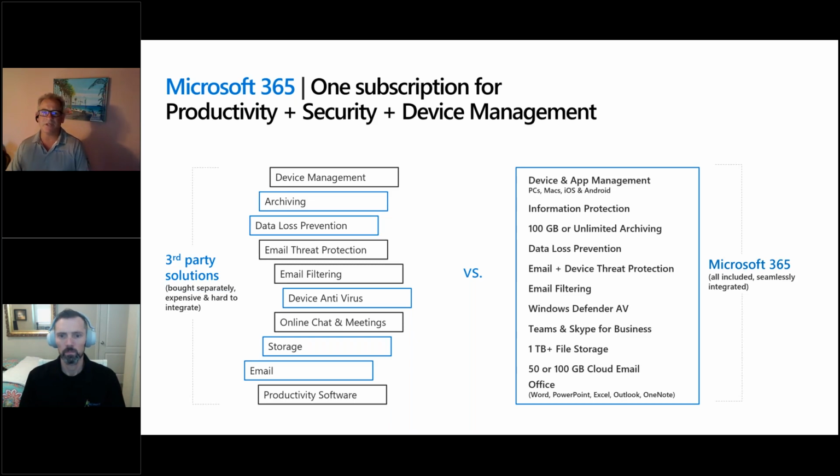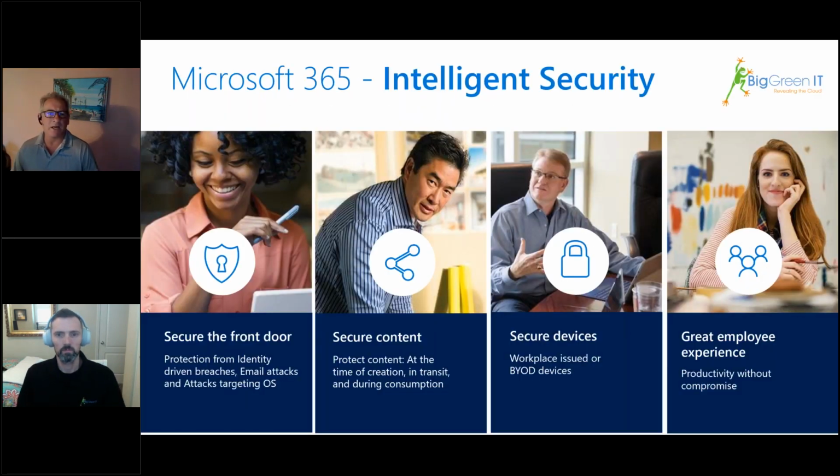And then lastly, before I transition to Ryan, hitting on a high level here are a lot of the security features that are built into Office 365. Microsoft combines this into what they call intelligent security. You can see what they're referring to here in these four different categories. What's important to note is that in your Office 365 subscription, you have something called Secure Score.